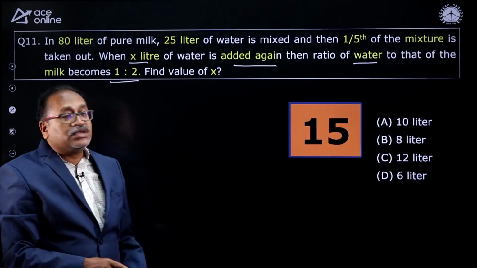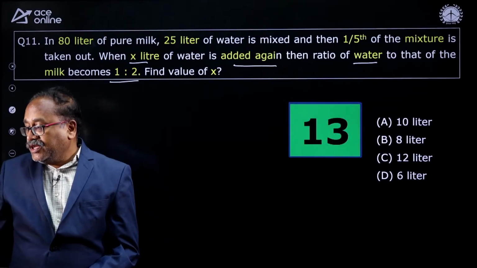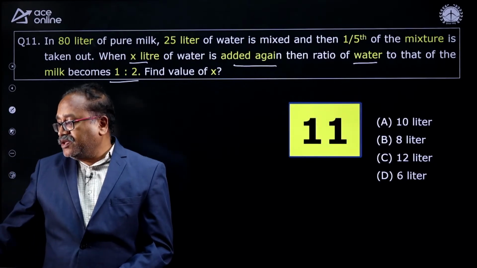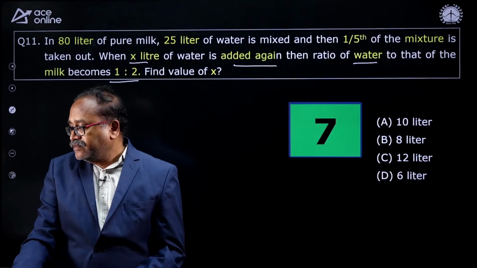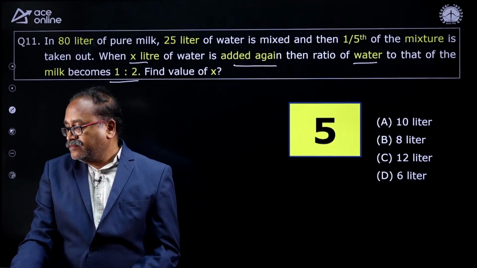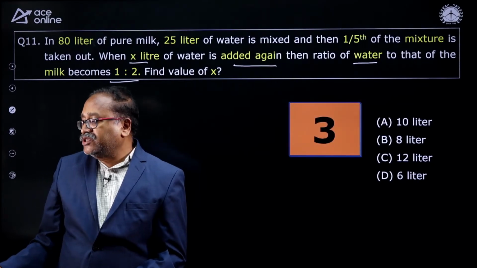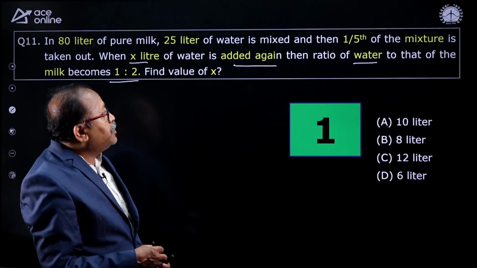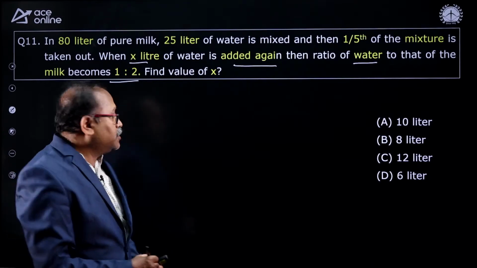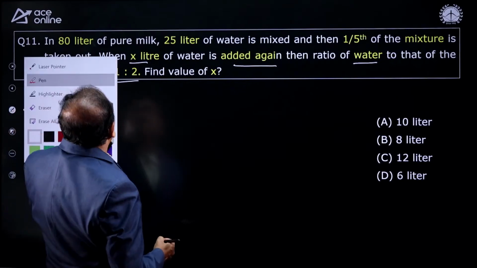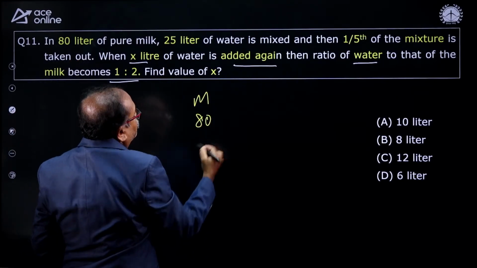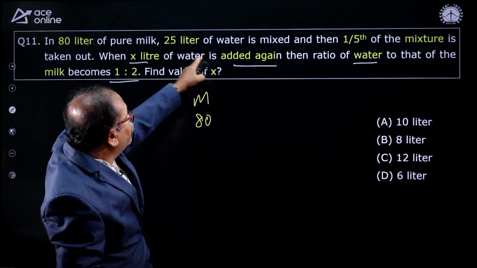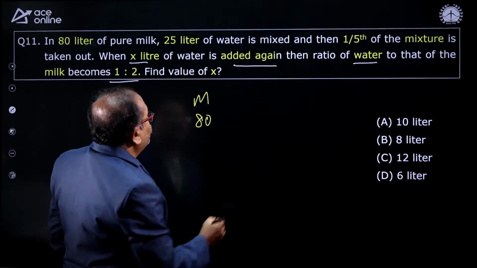What is the value of X? Shall I give you 15 seconds to think of it? Think of it for 15 seconds. You know how much is milk? 80 liters. Time up. Now, you know the milk is 80 liters and you know there are 25 liters of water.